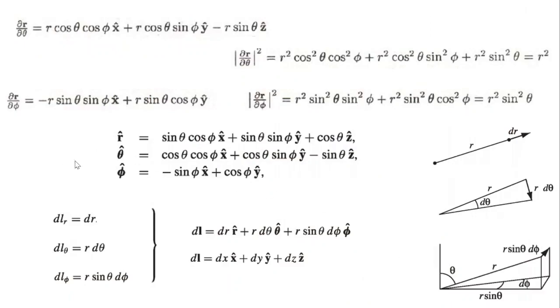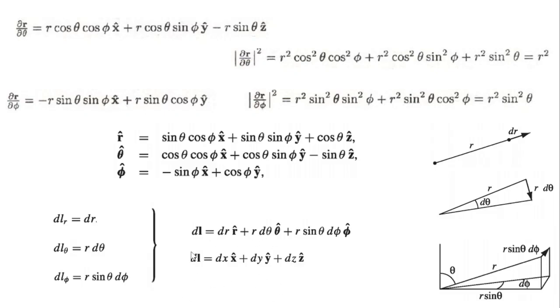Once you identify the relation between the Cartesian coordinate system and the polar coordinate system, it's time now to represent the displacement given in the Cartesian coordinate system in terms of the polar coordinates.